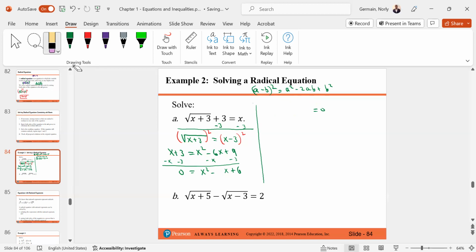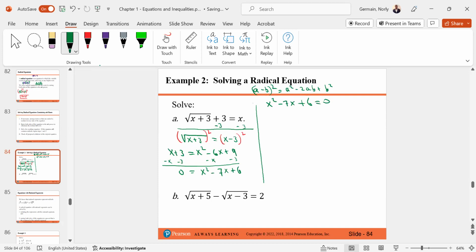I see my mistake. Negative x minus 6x gives us negative 7x. I didn't see it was negative 7x. Now we're going to rewrite it as x squared minus 7x plus 6 equal to 0.